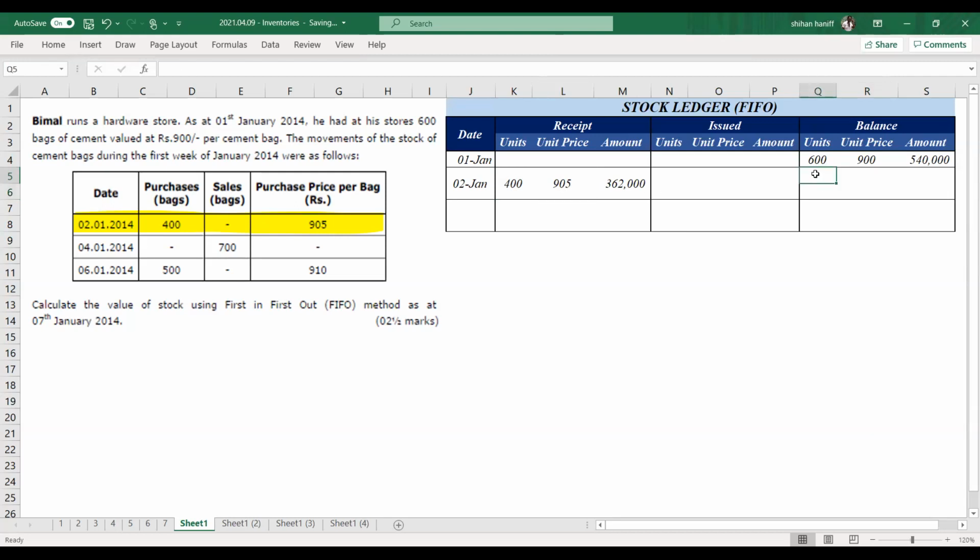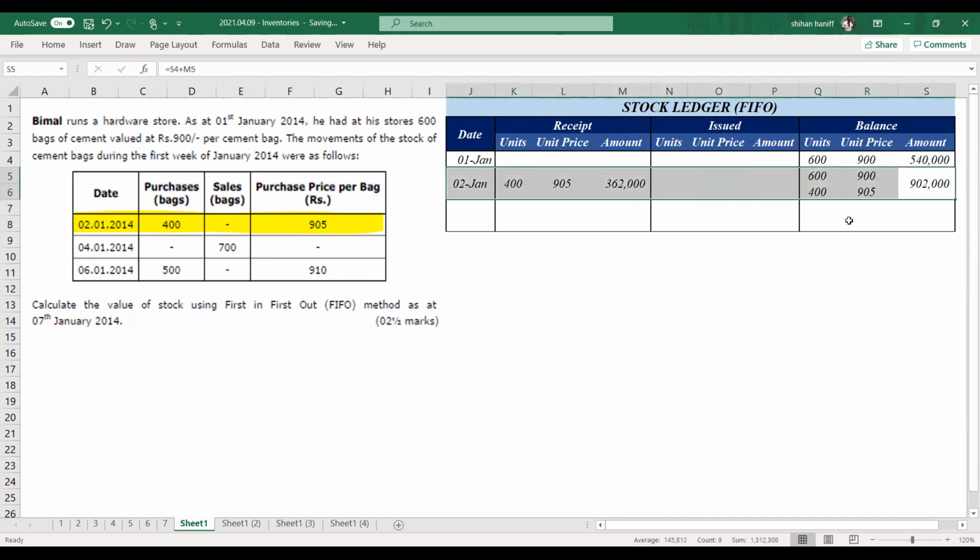So the remaining balance, see how I am writing this. You can separately write 600 bags at 900 rupees, 400 bags at 905 rupees. So total amount is 540,000 plus 362,000.